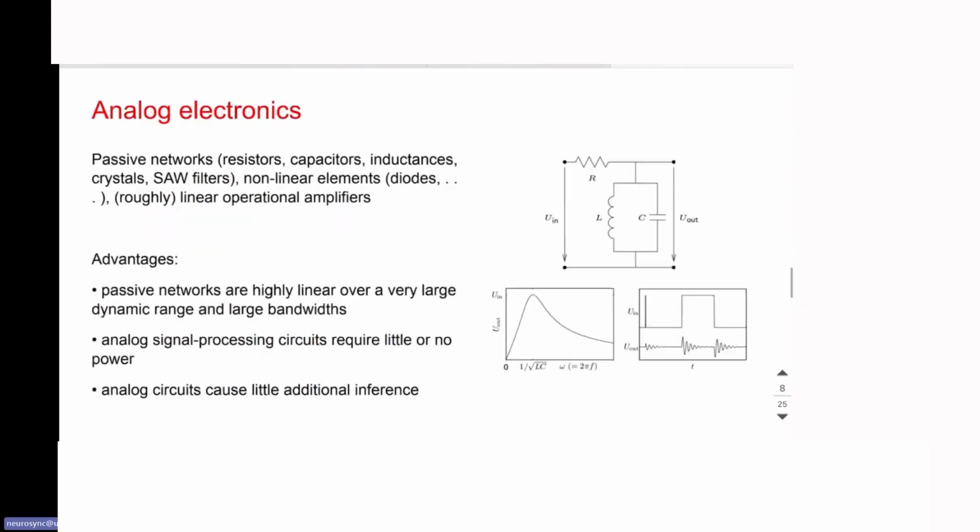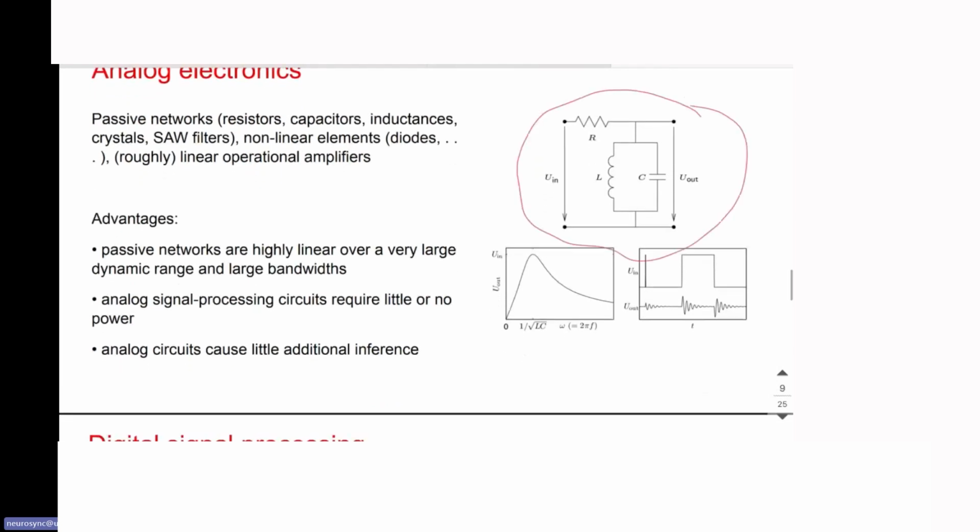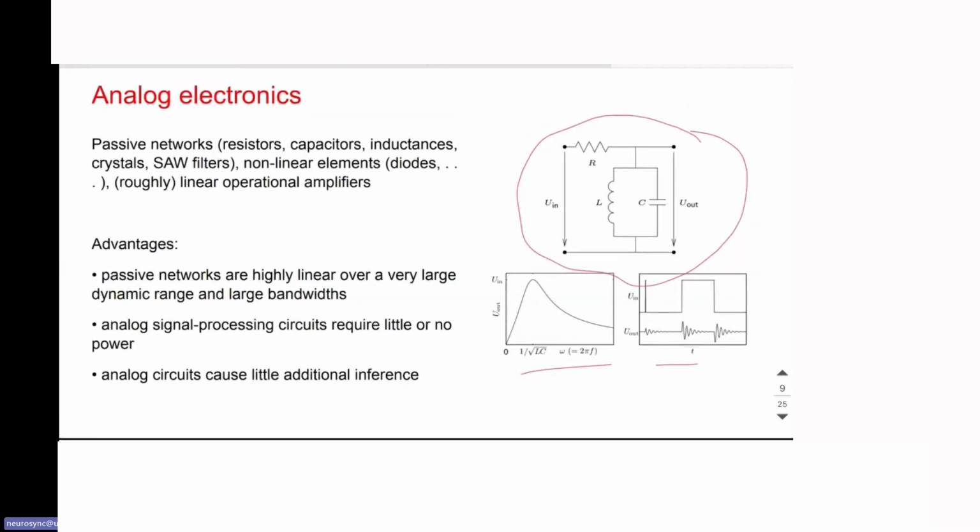Now, this is just an analog circuit, an example. This is an RLC circuit, and you will get this continuous time signal from this analog circuit. There are many advantages of analog electronics.